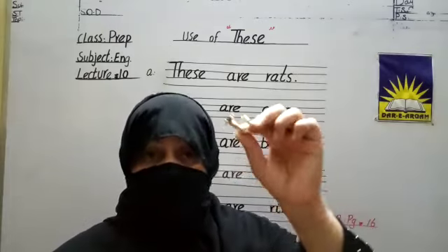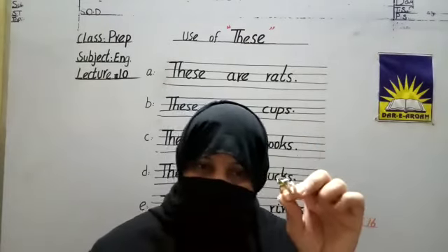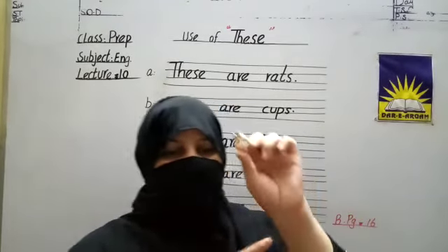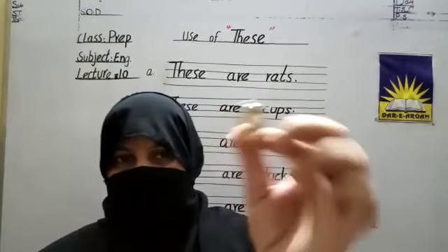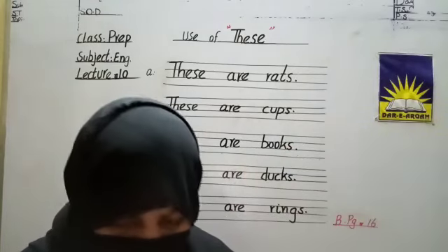These are rings. We use these for the objects that are more than one and they are near to us. These are rings. Clear, students?